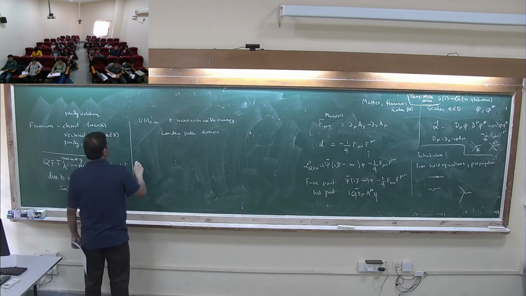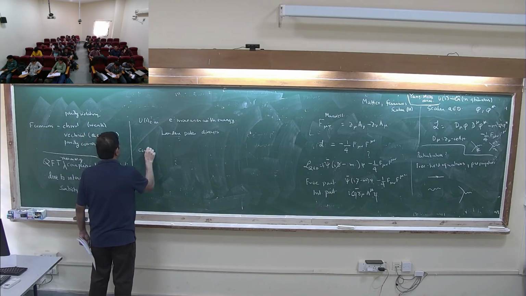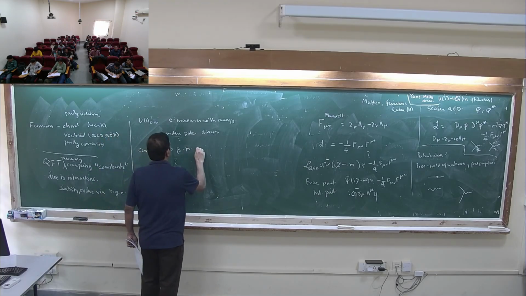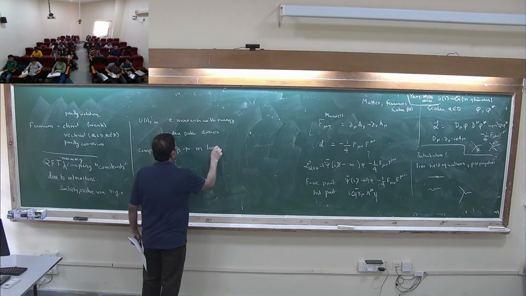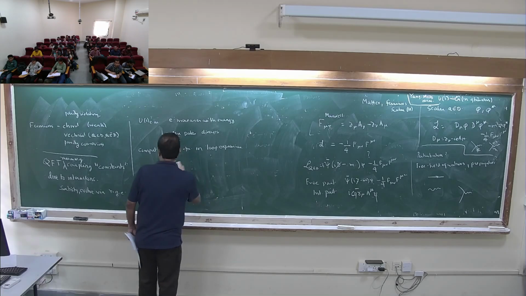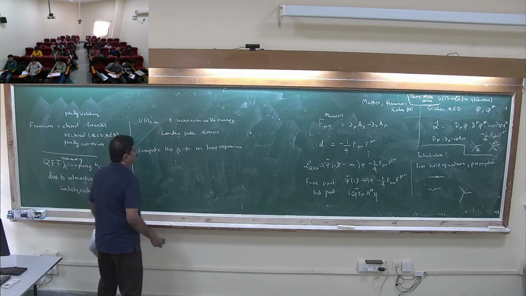And what we do is compute the beta function in a loop expansion. At one loop, you will see that this thing actually diverges.